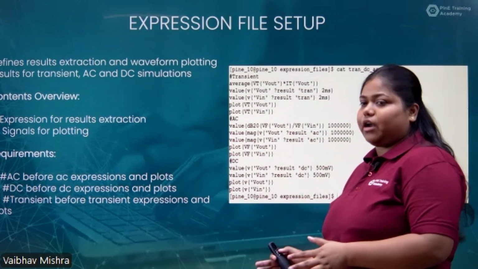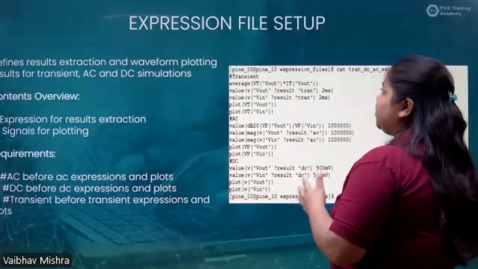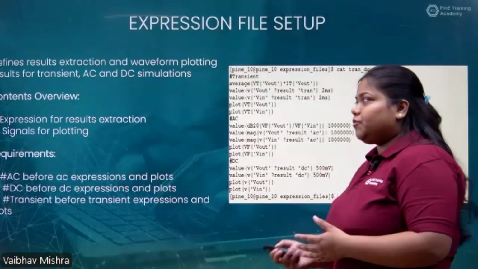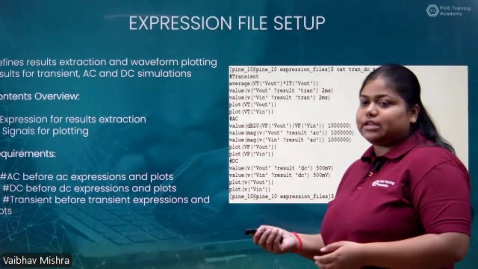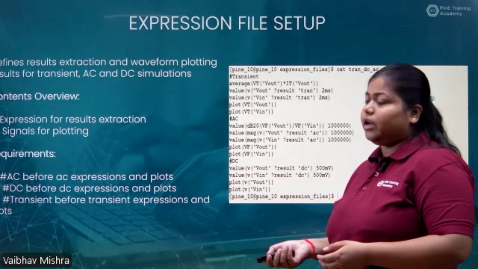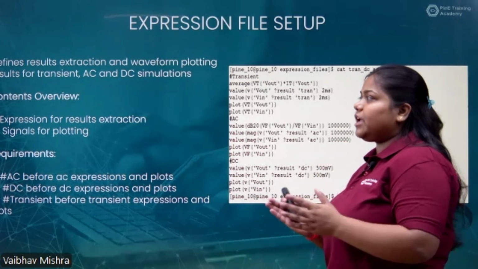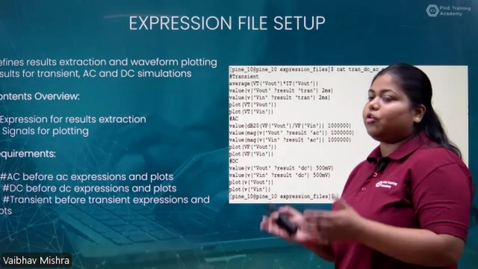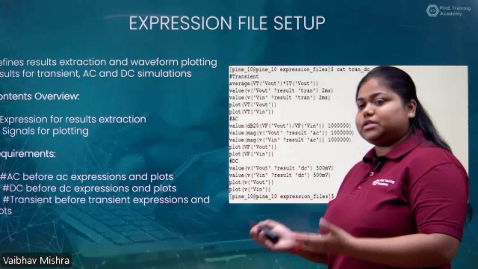The simulation will run, but the expression output file will depend totally on the expressions you have provided. One more feature: if you have chosen transient analysis as the simulation type, but in the expression file you have also written expressions for AC or DC, then the expressions will only be calculated for the transient analysis and the AC and DC analysis types will be skipped.